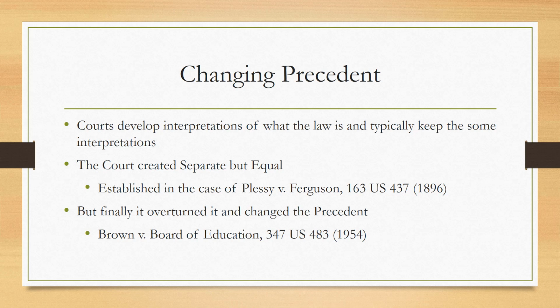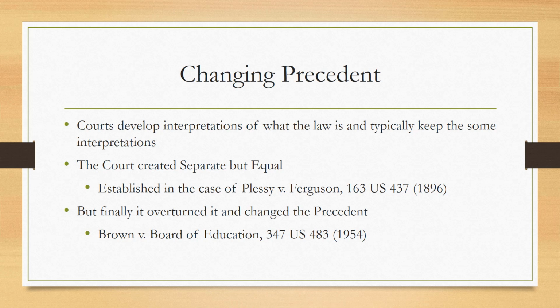Finally, in 1954, this is actually not the South, this is Kansas, Brown versus the Board of Education, 1954, I believe it's the Warren Court. The Supreme Court heard this case where there were separate facilities for blacks and whites in the education system, and they said, this is inherently unequal. These are never equal.